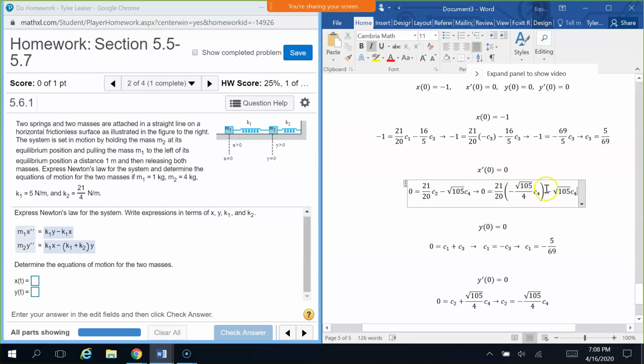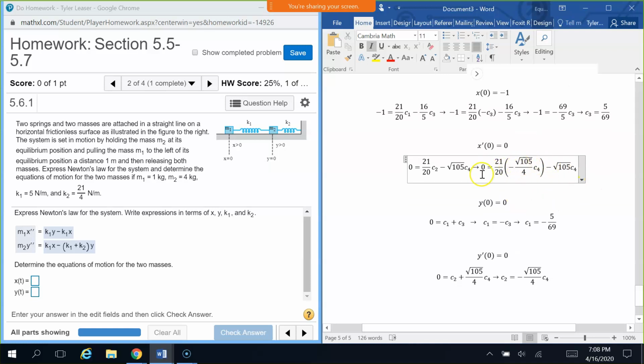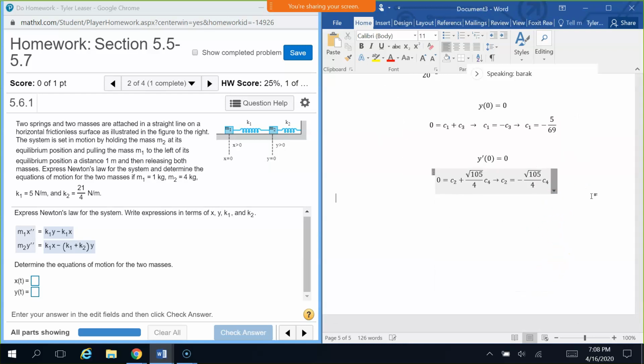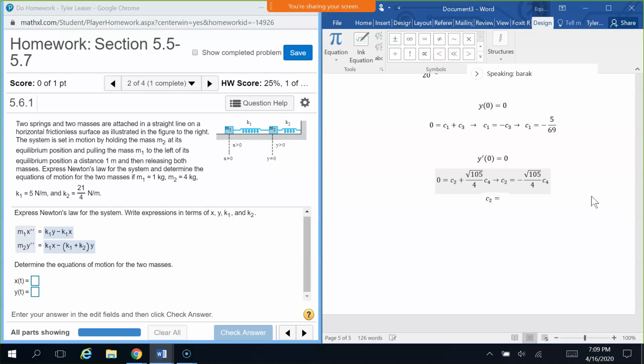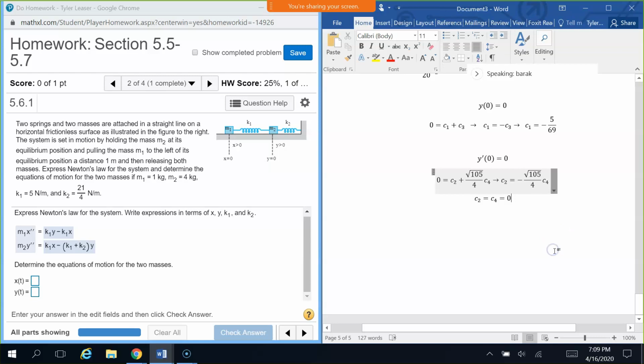The point of it, it looks like, is that C4 is just 0, because there's no way that these are going to cancel out to be nice. C4 has to be 0. It's the only way that makes that 0. And if C4 is 0, then C2 is also 0. Cool. That's a little bit nicer. That means I have these two for my system of equations.